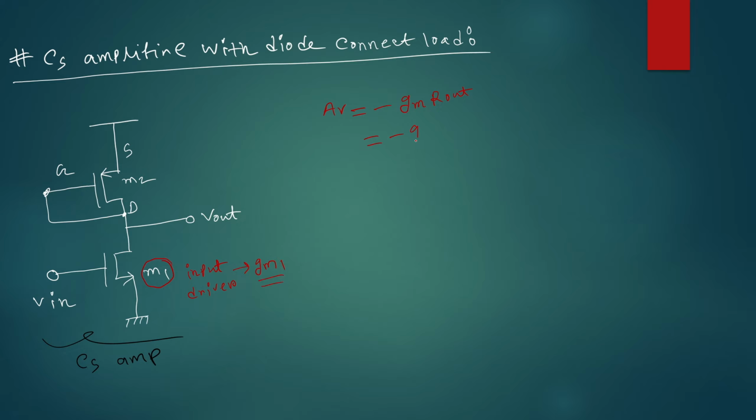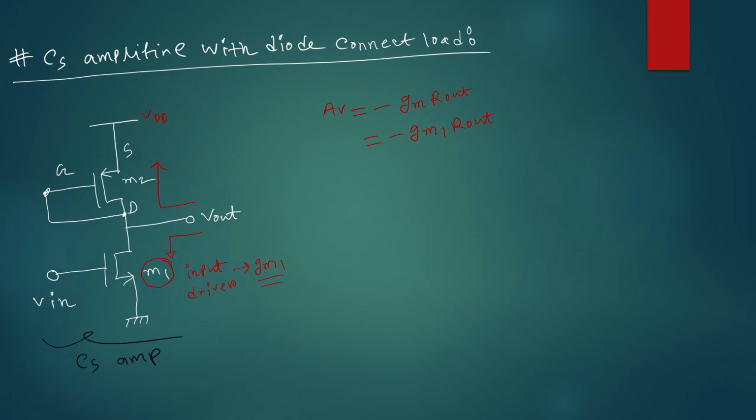So we can write minus gm1 into Rout. But what is the output resistance? If you look from the output side to there and to here, you can find the output resistance. And by the way, this is your VDD.